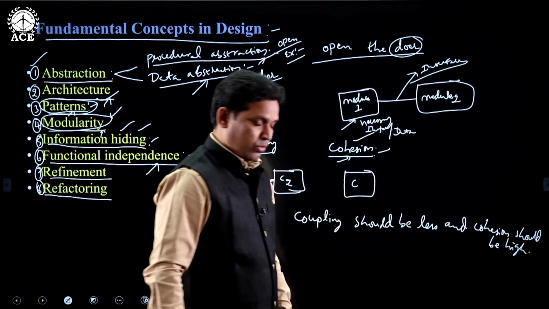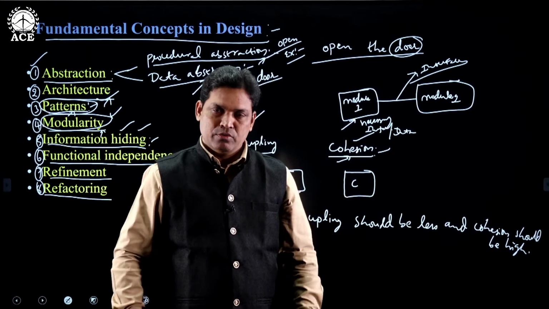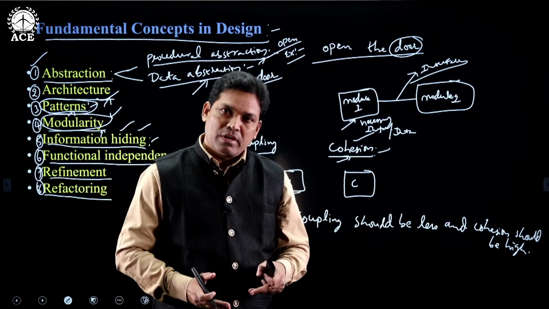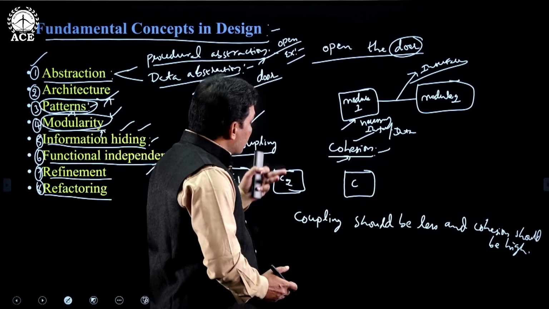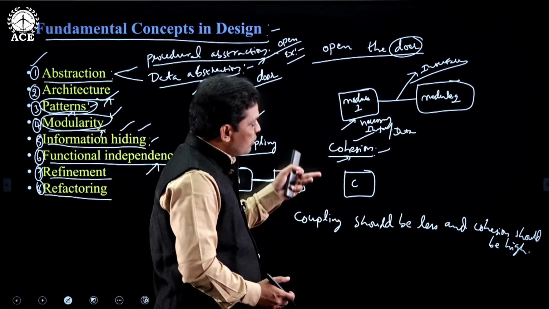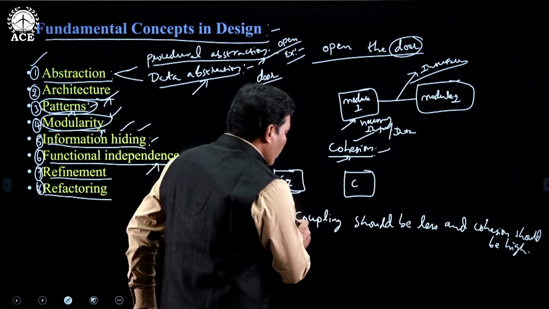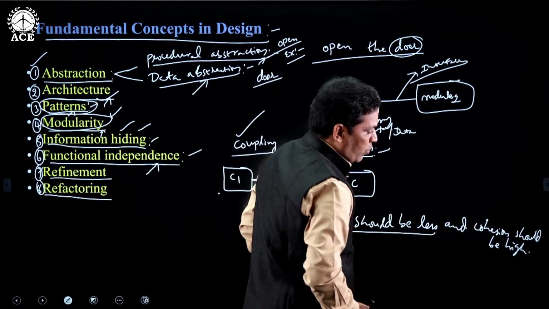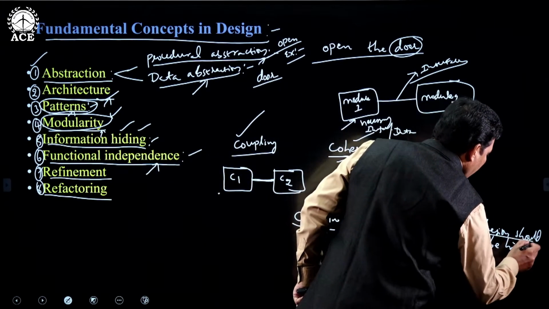Your designed software system is supposed to maintain better quality. For that, the system which is going to be designed should maintain coupling very low, whereas cohesion should be high.